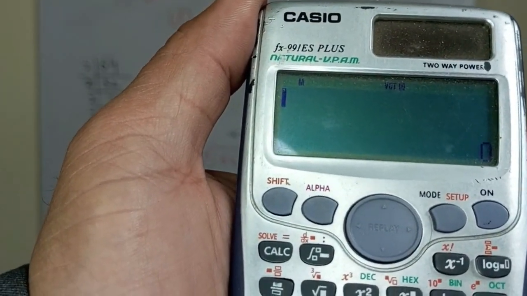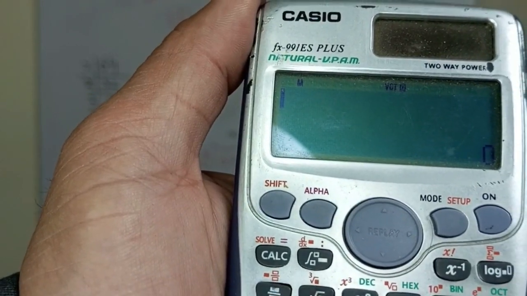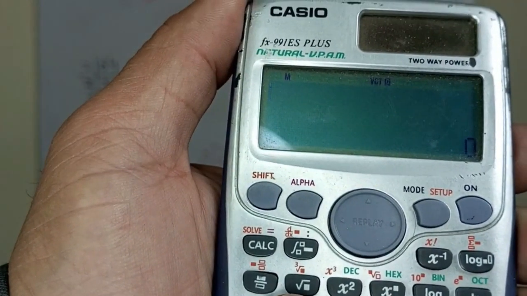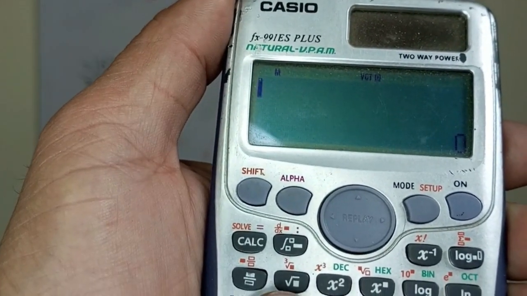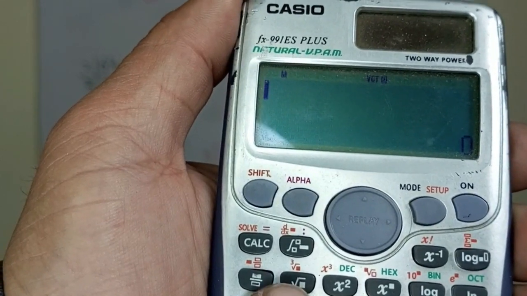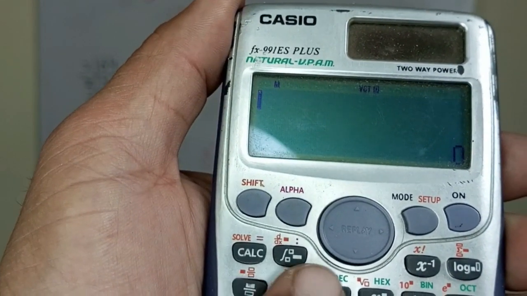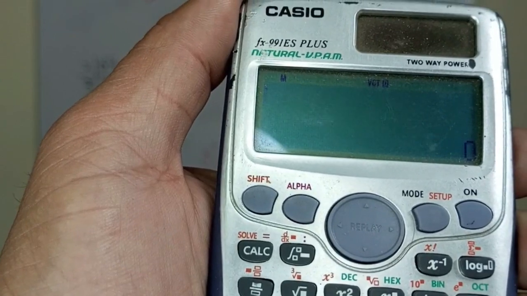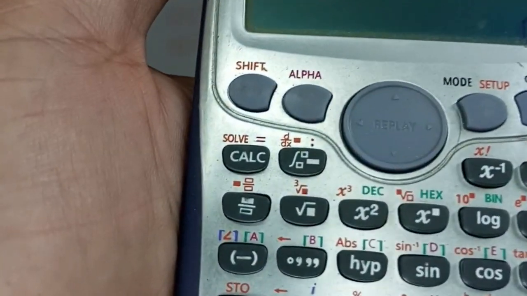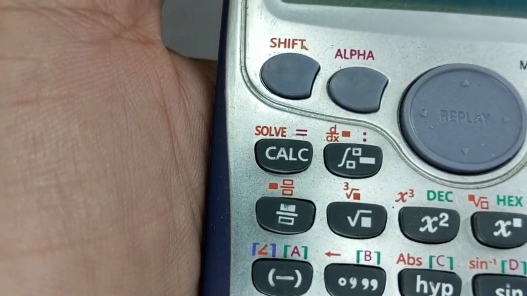Well, students, you can see this is the sign of root, which is written in white color, and above that, on the body of the calculator, a red cube root is written. Now it is clear to you.